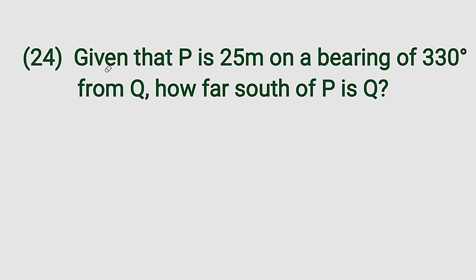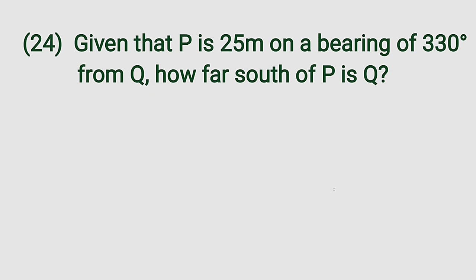Question number 24 reads, given that P is 25 meters on a bearing of 330 degrees from Q, how far south of P is Q? All right, you should know that in bearing, the word from is very important. It indicates where you're going to construct that angle. So this angle 330 degrees will have to be constructed from Q. So let's start with the first point. Assuming we have point Q right here, in three-figure bearing you have to start from the north clockwise.